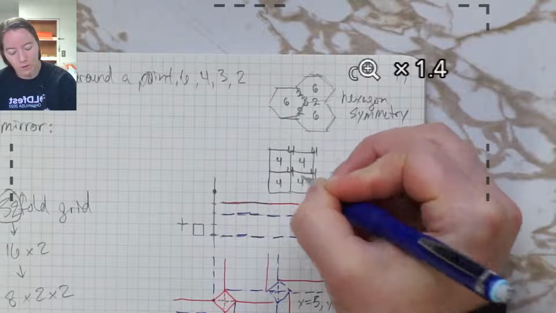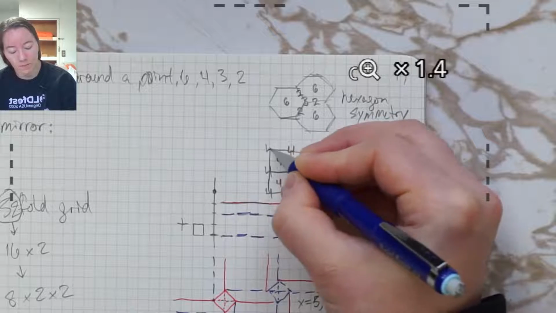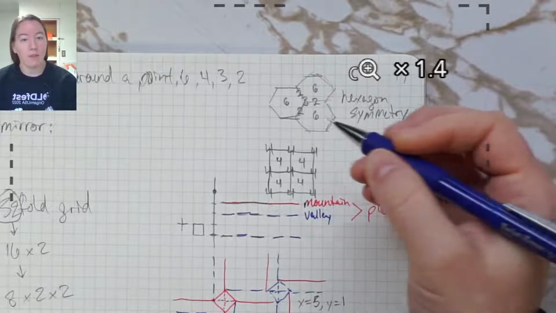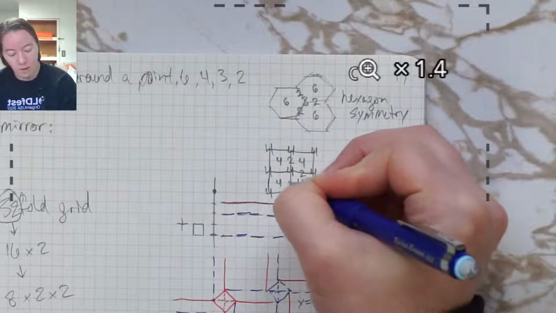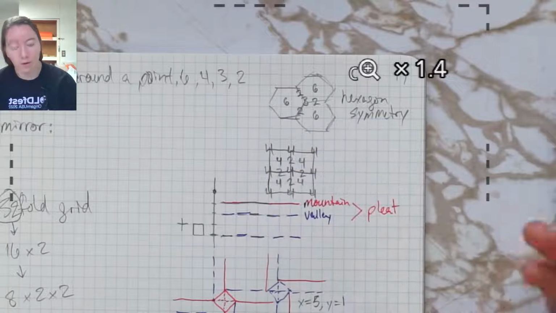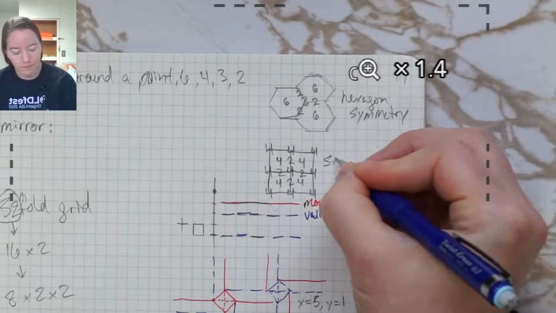So you see there's two different kinds of fourfold positions. And then just like the hexagons, there's twofold positions between each pair of squares. And that's the square symmetry.